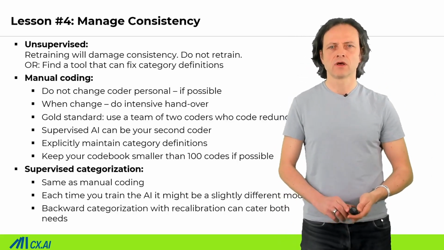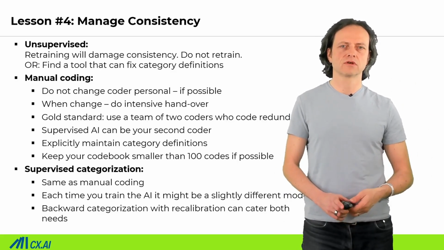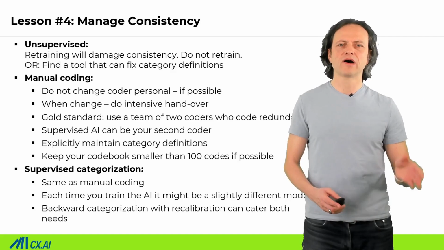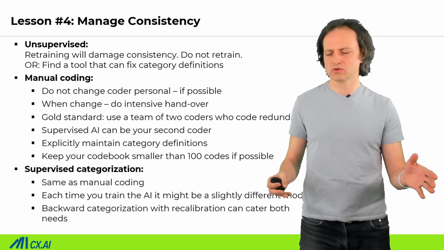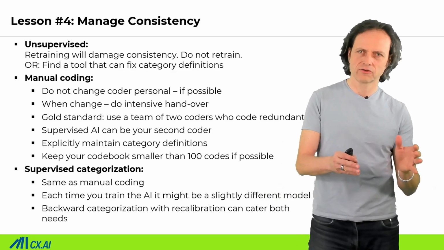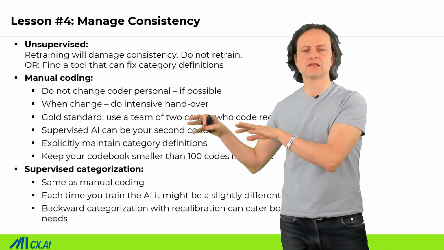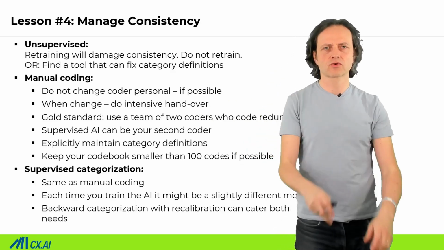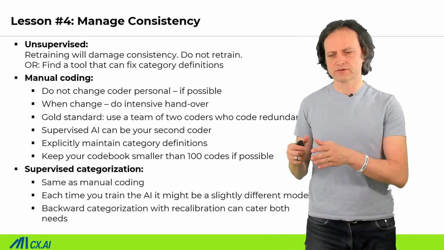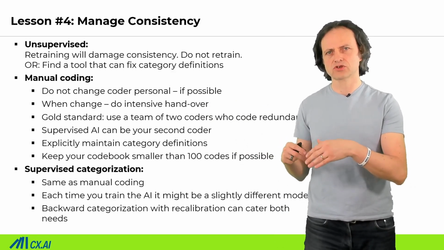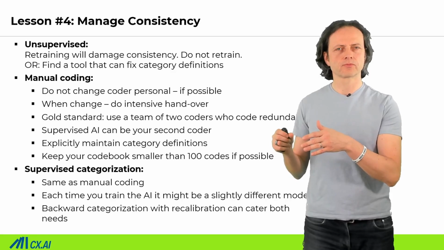If not, you need to perform a backwards categorization and calibrate the past verbatims. Basically, you train the new AI, and then you take all the past data sets and feed them through the new model. Then you will see that the frequencies and the categorization of the past are a little bit different.